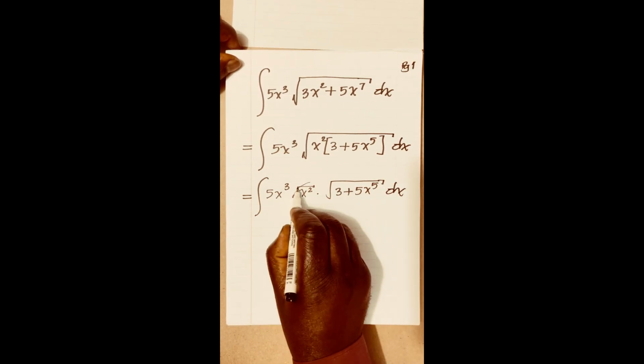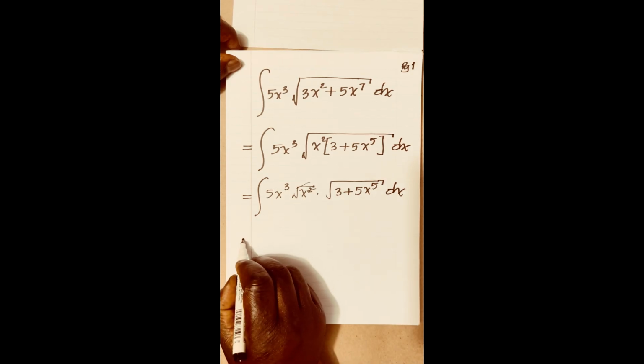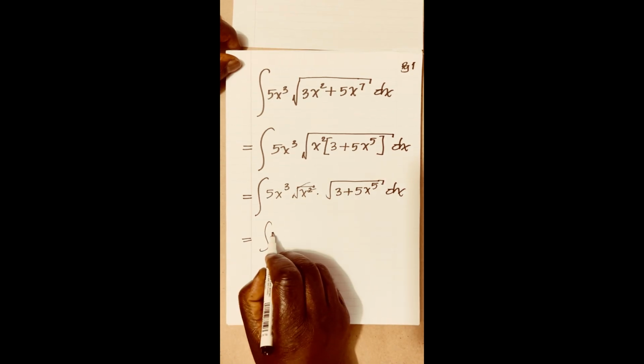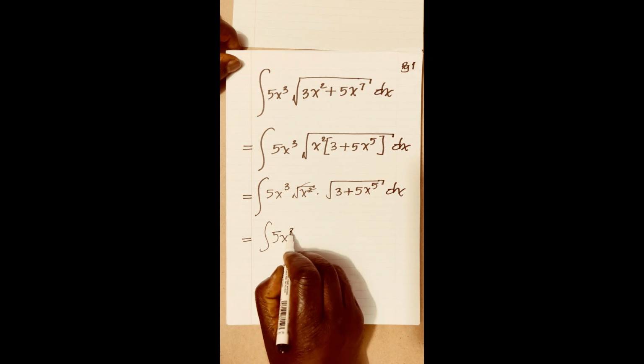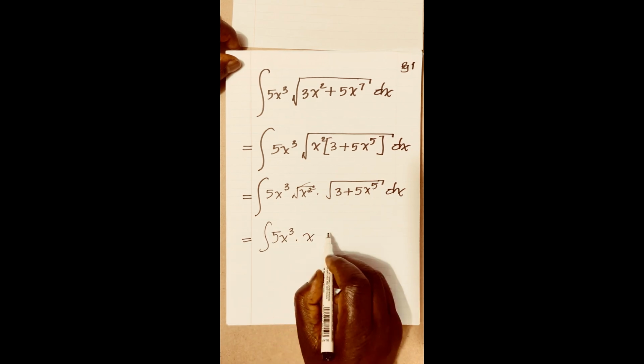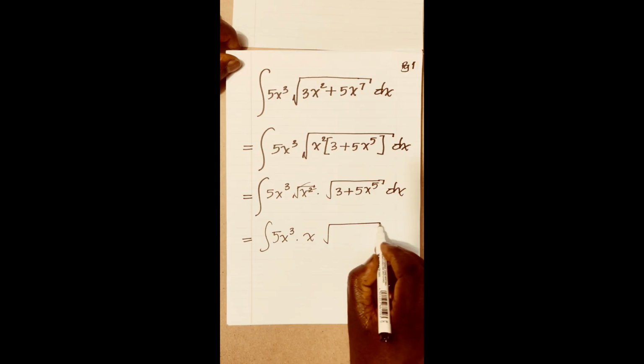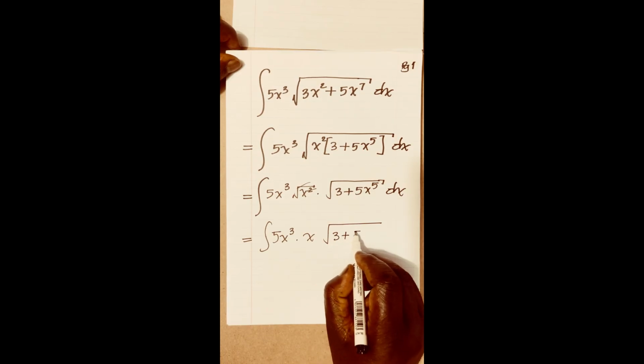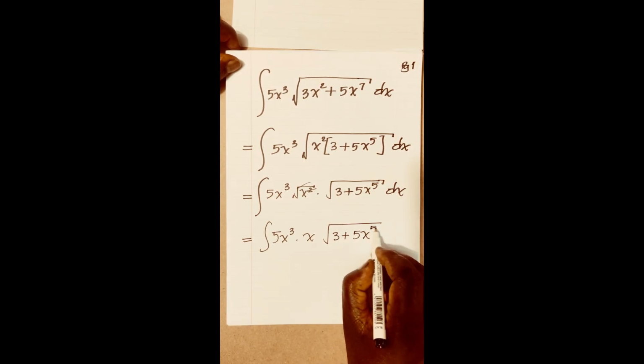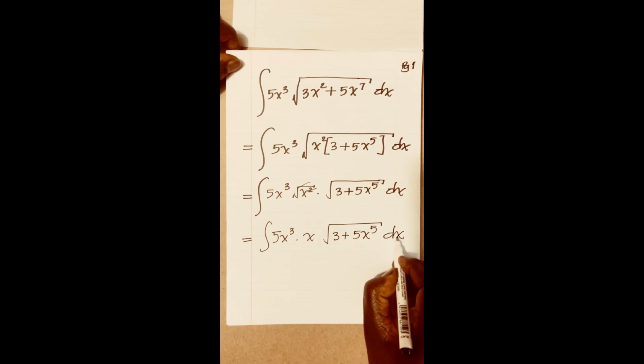You agree with me that that cancels that? So this is the same as the integral of 5x power 3 times x times the square root of 3 plus 5x power 5 dx.